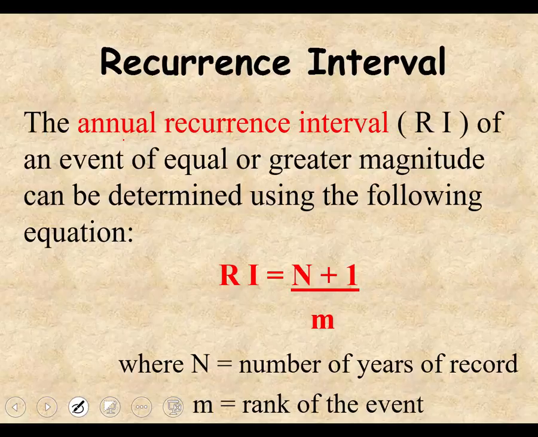One of the few equations I'll ask you to remember. And that is, you take the number of years of record plus 1, divide by the range. So let's just say we've got 99 years of record. The largest flood in that 99-year period is going to have a recurrence interval of 99 plus 1 divided by 1. It's the 100-year flood. Okay.